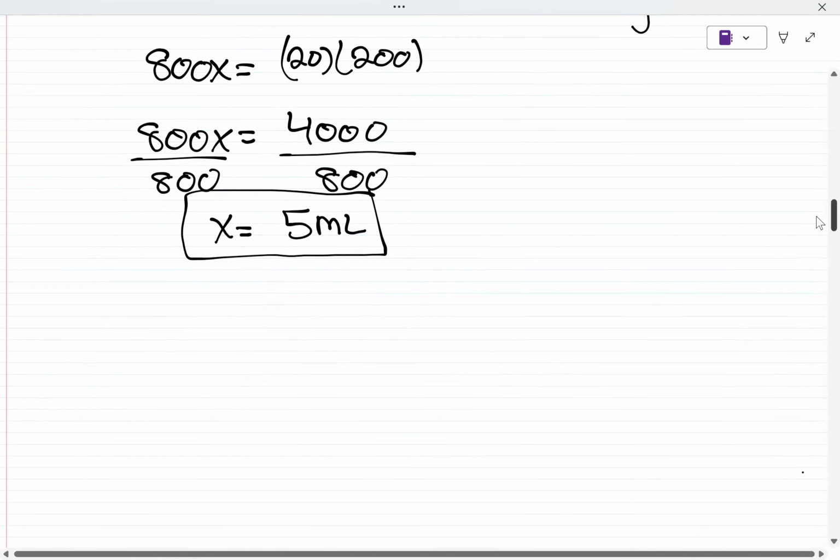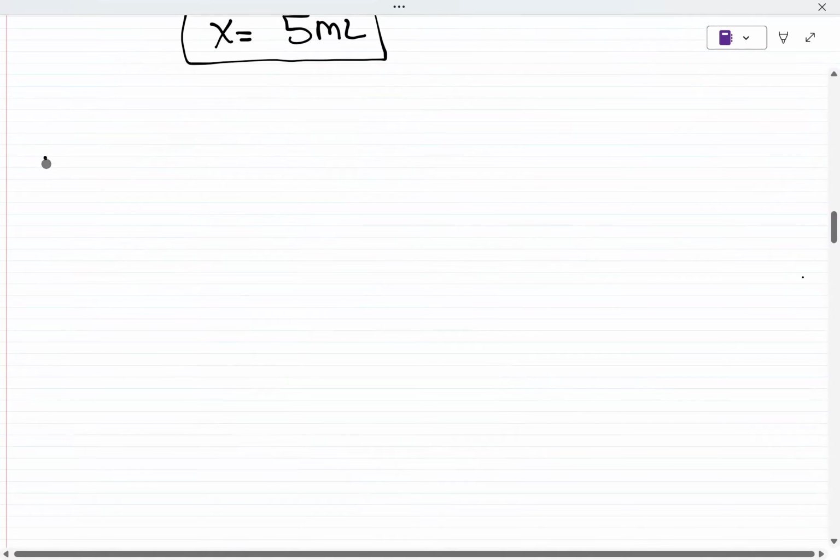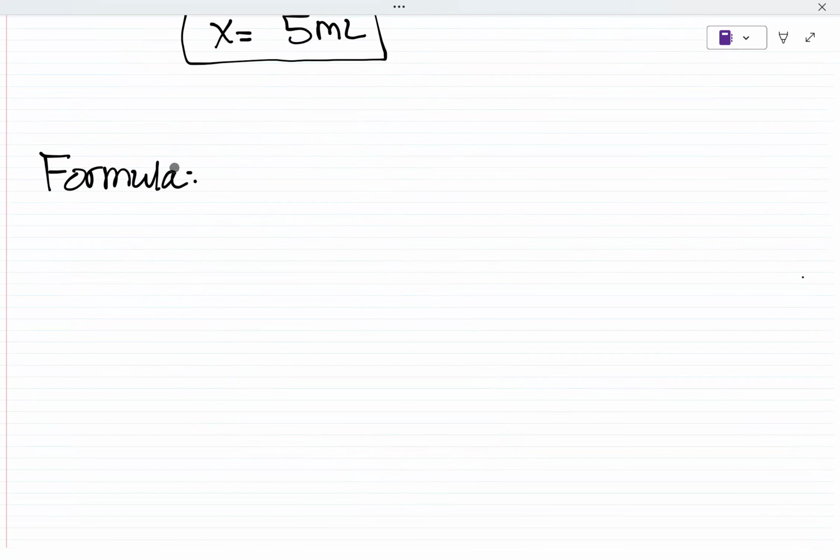Okay. And then the last method I'm going to use is the formula method. So if you recall, the formula is desire over have times vehicle.